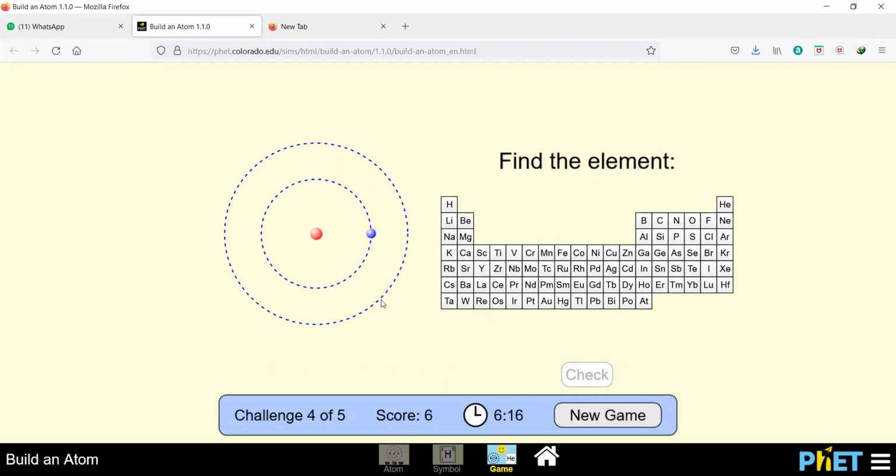Helium has 2 electrons, not 1. It has 2 protons, not 1. It's in group 1A and in period 1, right? Because it has 1 electron and 1 energy level. So it has 1 energy level, so it's in period 1.